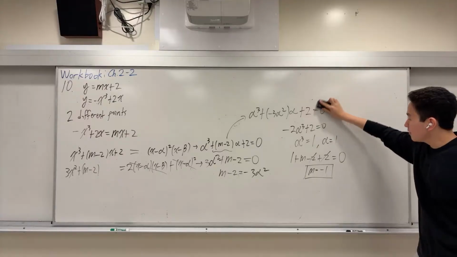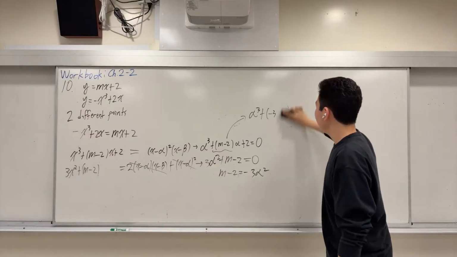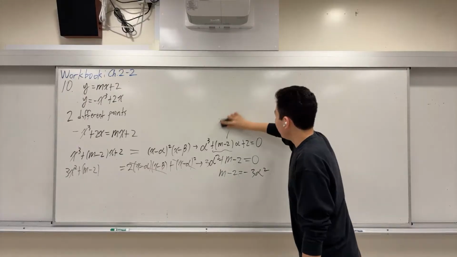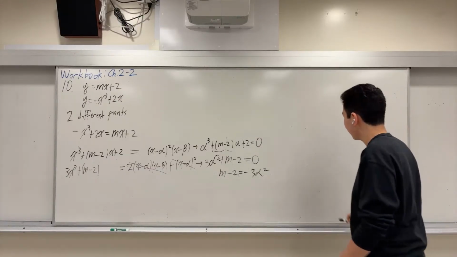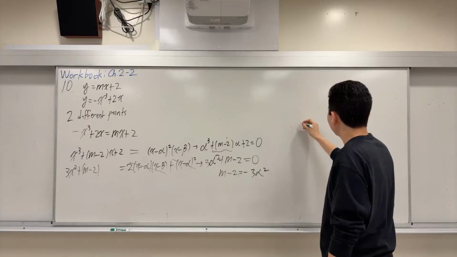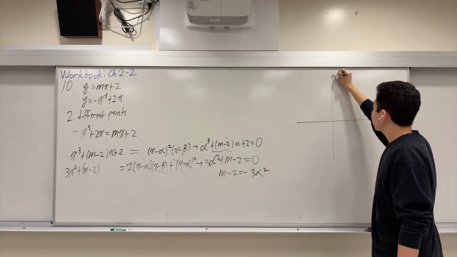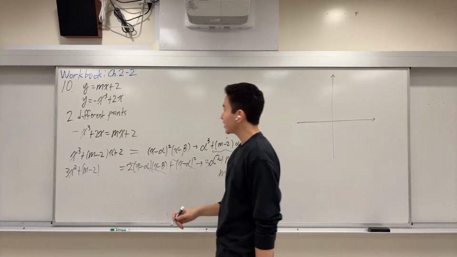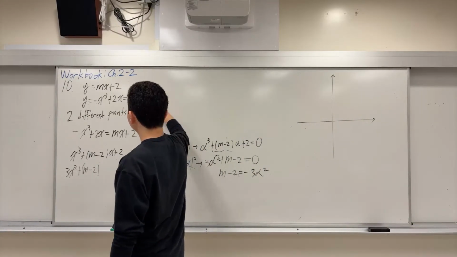What I want to show you is how the graph actually looks like for this function. Okay. The graph of this function actually looks like this. So we can actually make some predictions about what this graph will look like. It's negative x cubed plus 2x, which means we can factor out an x.